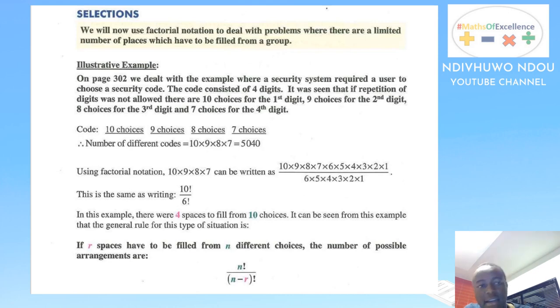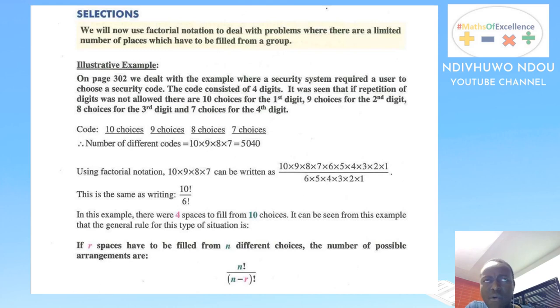Okay, let us quickly look at the last section, and we want to talk about selections. We will now use the factorial notation to deal with problems where there are a limited number of places which can be filled from a group, right?